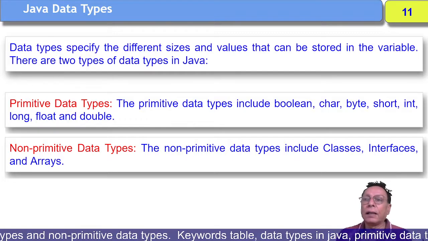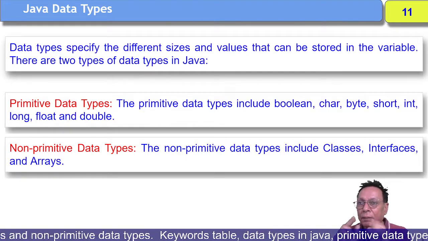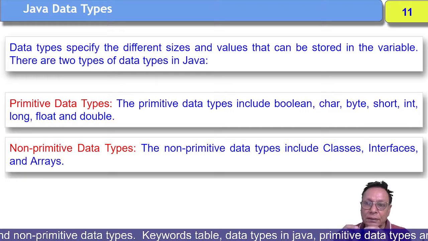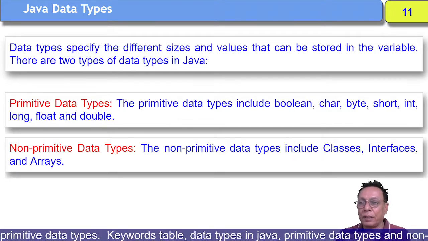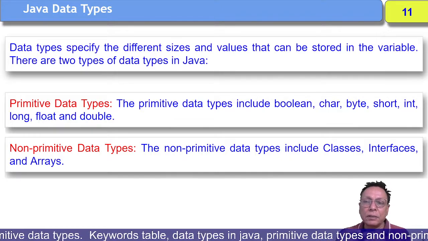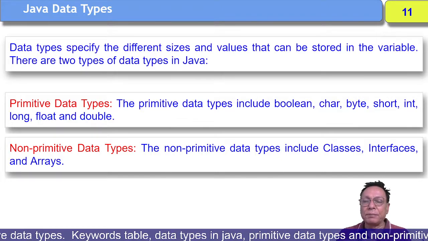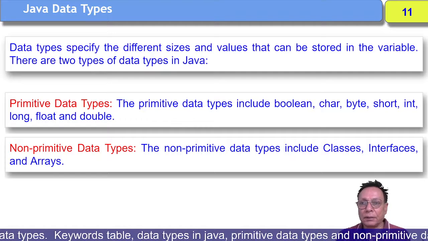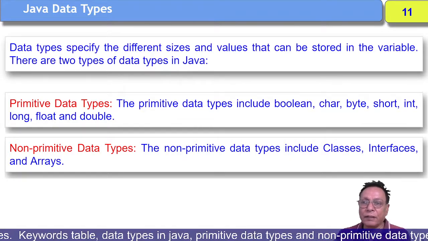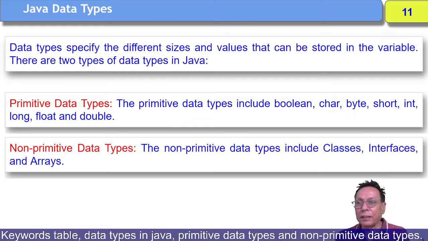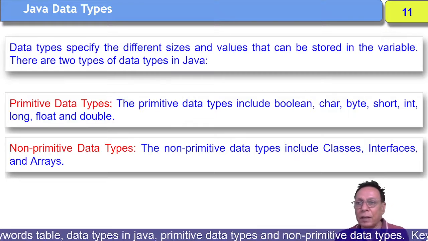interfaces, and arrays. Meaning if you consider an object like a student, this object includes different primitive data types like admission number, his name, his date of birth, his father's name, his mother's name, his class number, number of marks.